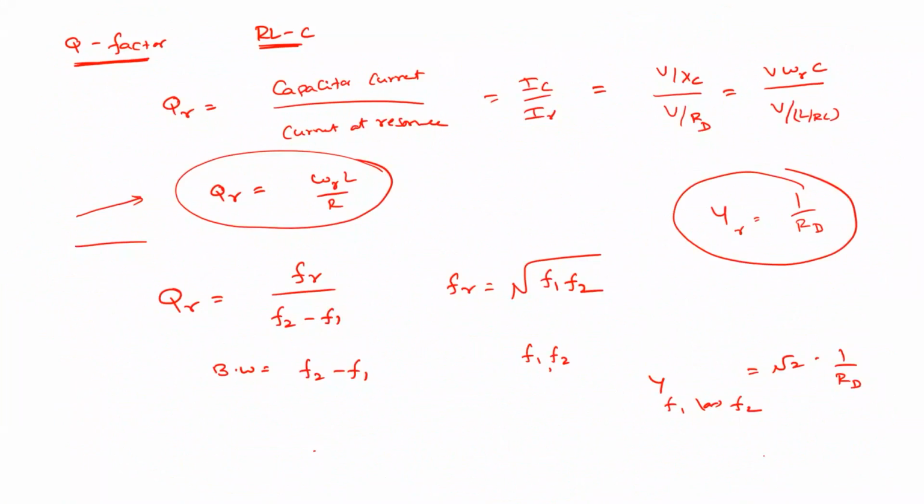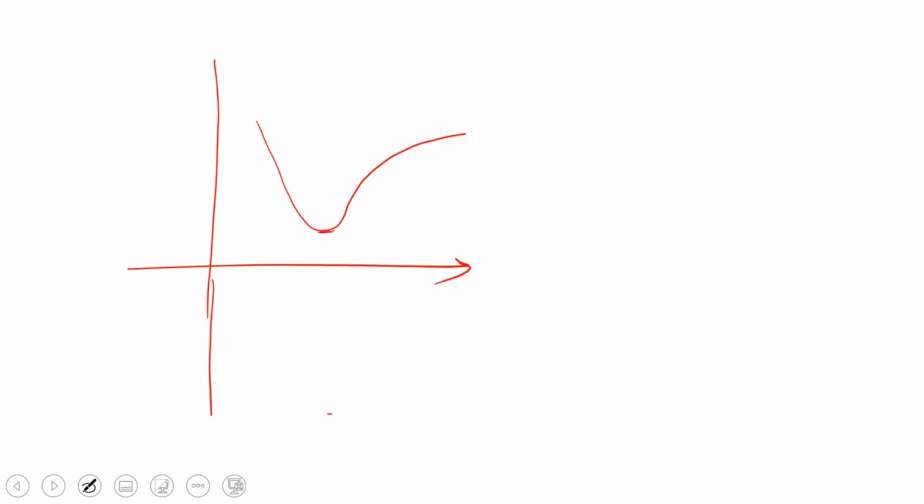So that means the curve will be something like this. I will draw the curve. This is the admittance curve. What is this value? 1 by RD.